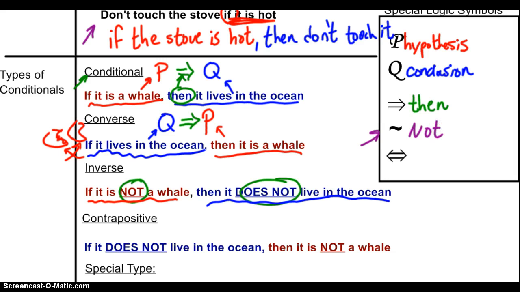So we would say not P for not a whale, then it is not Q. So this is just saying that an inverse puts not in front of the hypothesis, then not in front of the conclusion. That's all that's saying.